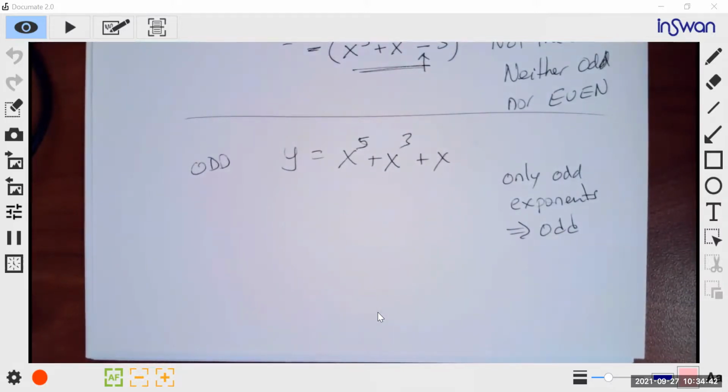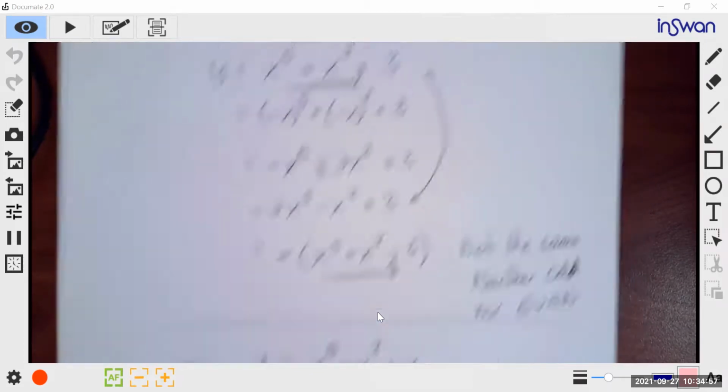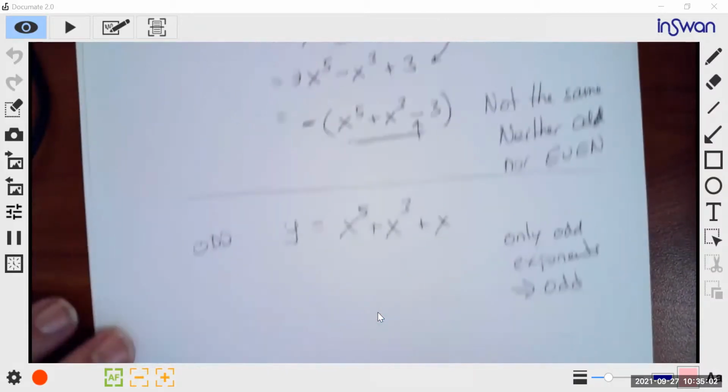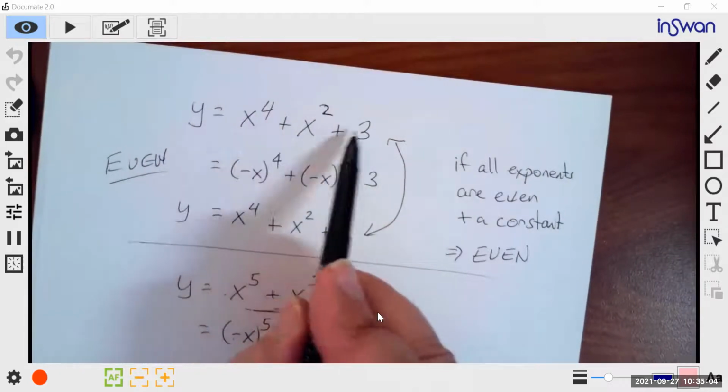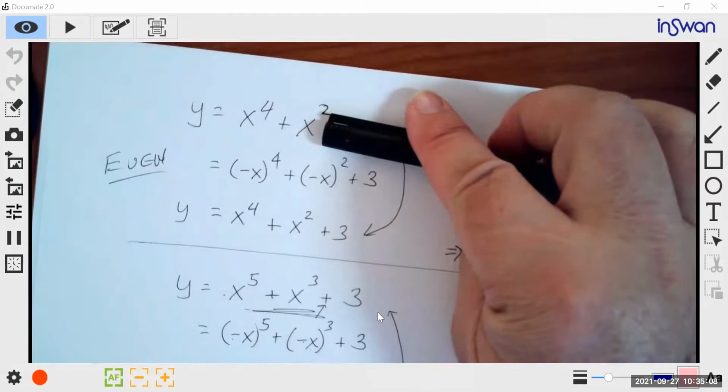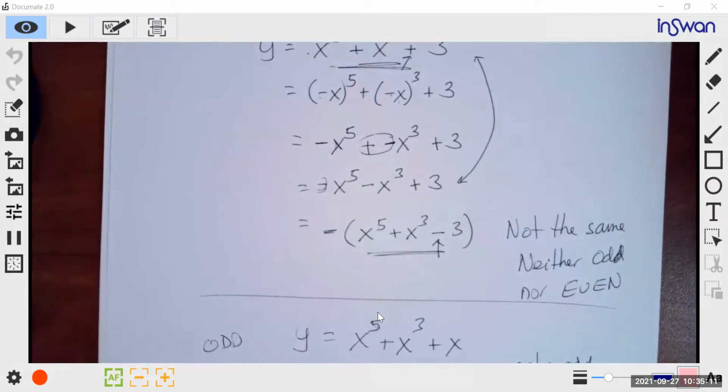So basically, if it has a constant in it, it's not an odd function. If it has odd exponents with a constant, it's neither. But if it has even exponents and a constant, or even exponents by themselves, it's even. So a constant can only be with evens to be an even function.